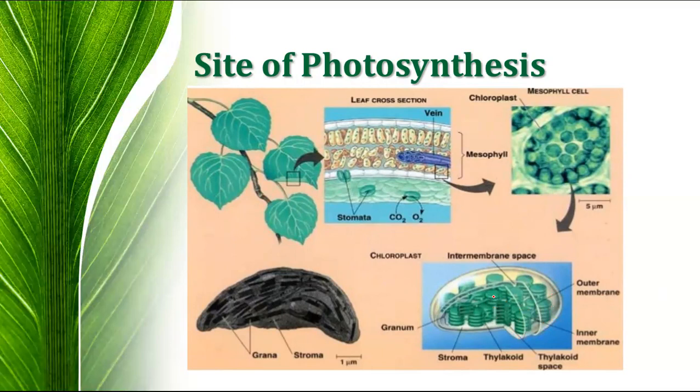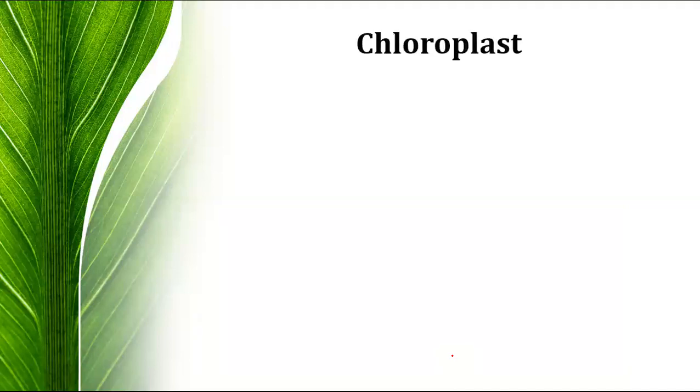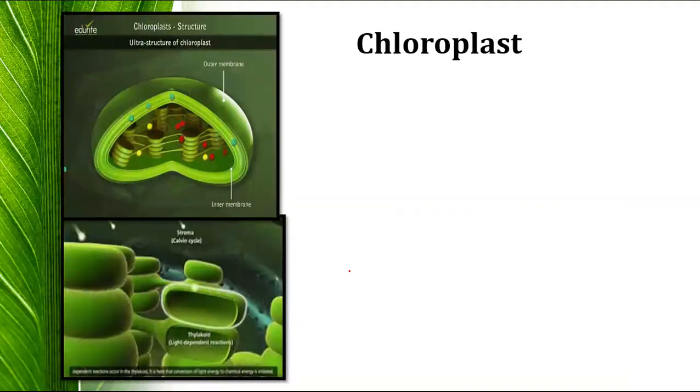When a number of thylakoids are arranged one above another, we call it a grana, and this grana is present in the liquid fluid called the stroma. Now look at this chloroplast. This is the outermost membrane, and this is the inner membrane. Inside that, this coin-like or circular structure is called a thylakoid.